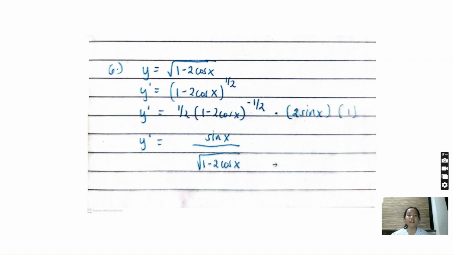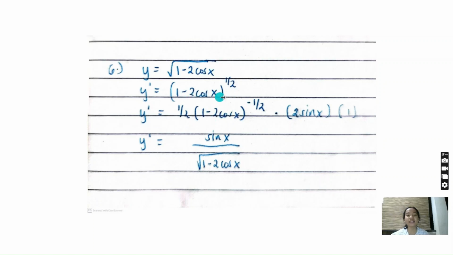To move forward, we are now in our number 6, which is y equals the square root of 1 minus 2 cos x. So the notation is y prime since the given function is expressed in y. So y prime equals, of course, I just transform this radical form into this way, since there is 2 here outside and it has a power of 1 inside, so it became 1 minus 2 cos x to the power of 1 half.